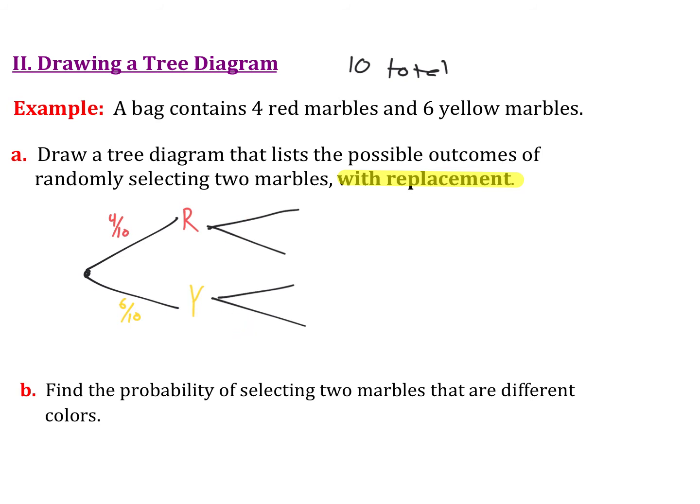They're both going to have a red or a yellow, and both going to have the probability of selecting a red. Since we didn't remove a marble, it's again going to be 4 out of 10, and yellows 6 out of 10, which would be 3/5.